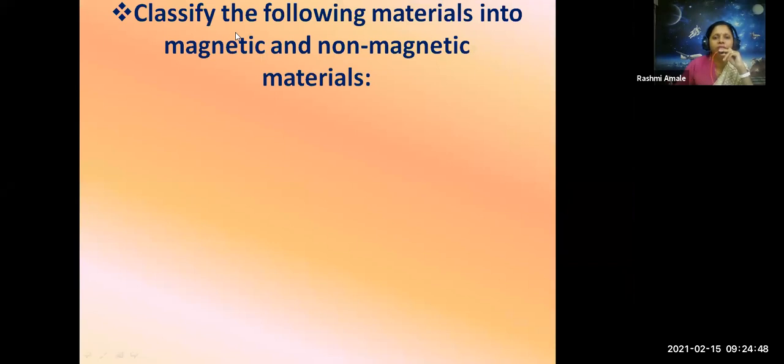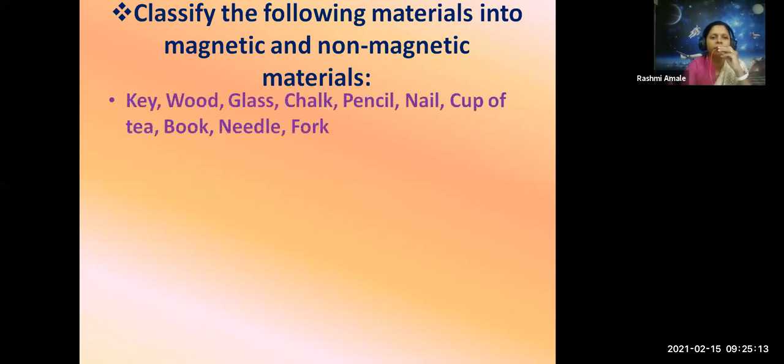Classify the following materials into magnetic and non-magnetic materials. So these are the materials: key, wood, glass, chalk, pencil, nail, cup of tea, book, needle, fork.